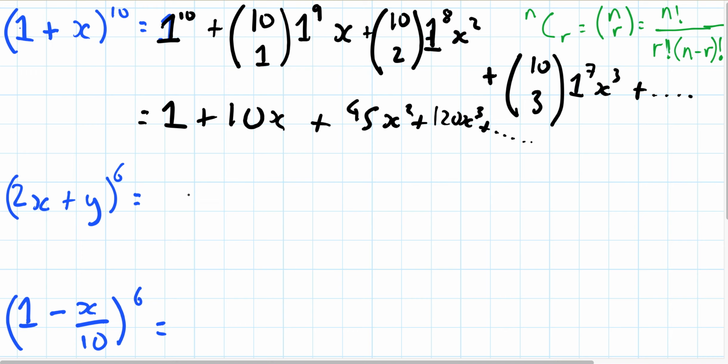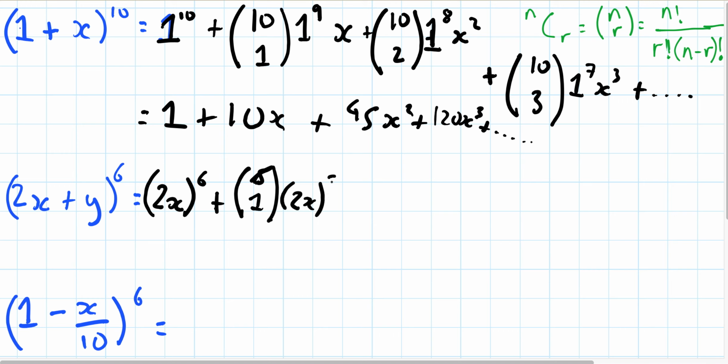Okay, another example, (2x + y) to the power of 6. Again, we're going to start off with (2x) to the power of 6. Add, and we start with our factorial notation, 6C1, times (2x) to the power of 5, times y to the power of 1.